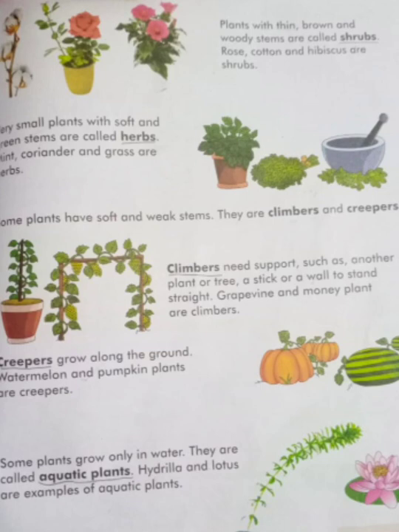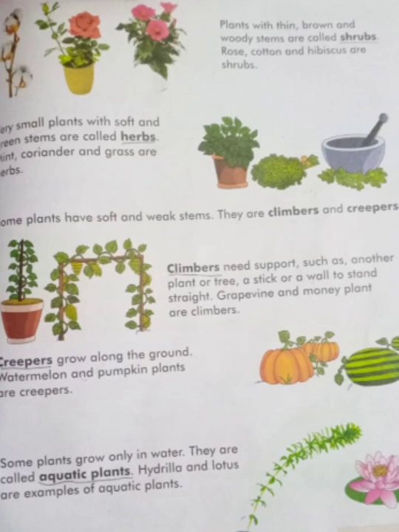Next, some plants have soft and weak stems. They are climbers and creepers. Yes, now we will study about the climbers and what are creepers. Climbers need support such as another plant or tree, a stick or a wall to stand straight. Grapevine and money plant are climbers.